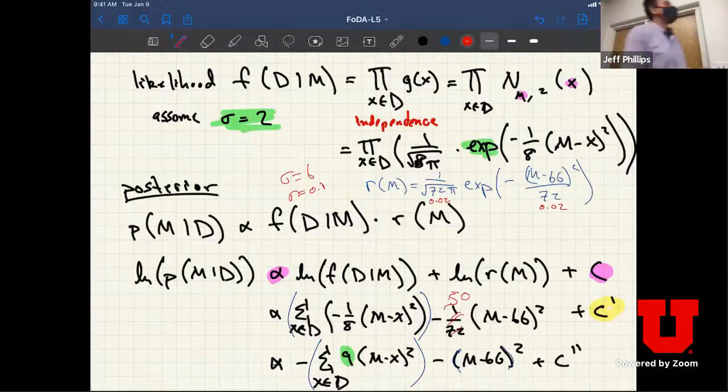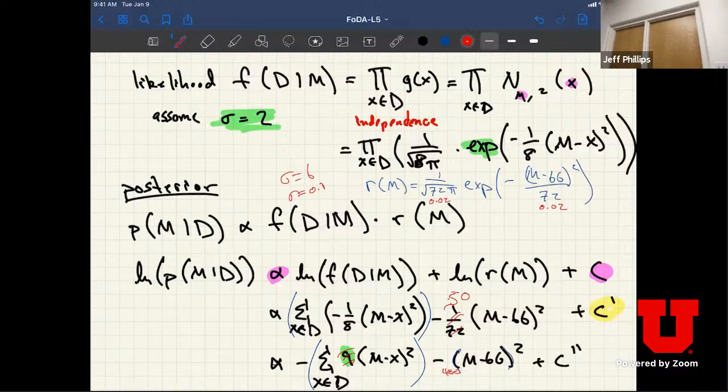So now the ratio between them is 8 times 50, which is 400. Now I would take this out and put a 400 in front here, meaning that I trust the prior 400 times as much as one data point.